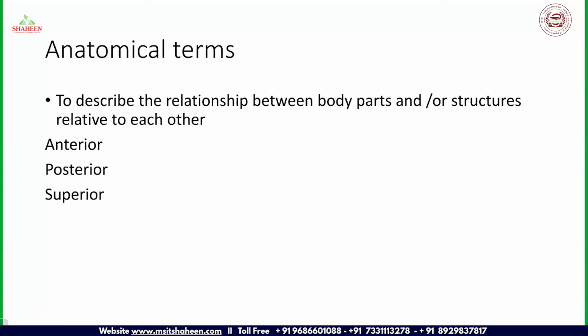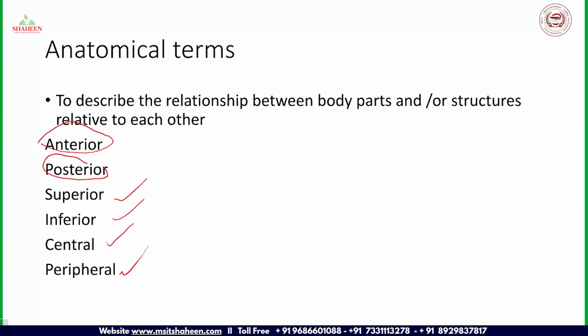Next, what is meant by superior? Upper position, upper part. Inferior is beneath. Then central and peripheral. Central is towards the deeper, inner portion, and peripheral is the outward portion. So superior, inferior, central, and peripheral are common terminology we use. But anterior and posterior are new words related to anatomy.